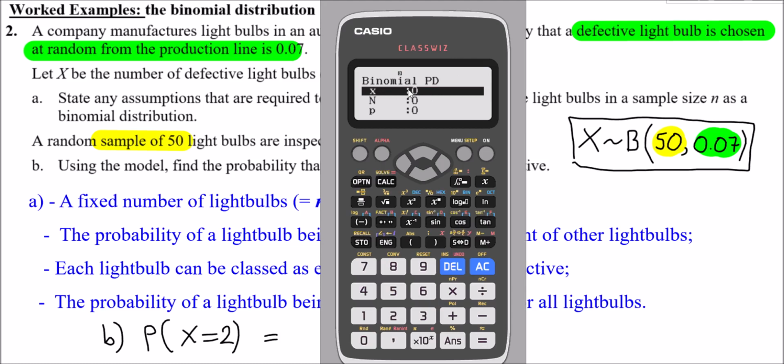Now we type in these values. So we want to work out the chance of 2 being defective, so our little x is 2. Total number n of light bulbs being tested is 50, so type in 50. The probability of a defect, p, is 0.07. So press equals to code it all in, then equals again to generate our solution, and we get to 3 significant figures, 0.184.